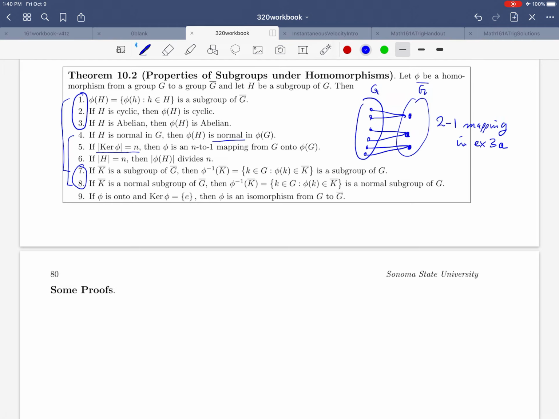Properties 7 and 8 have an important corollary. So there's an important corollary here, and that is that the kernel of phi is a normal subgroup of G. So in symbols, that is kernel phi, and then we have our triangle symbol for normal subgroup, G. So kernel phi is normal in G. And that is pretty straightforward to prove.